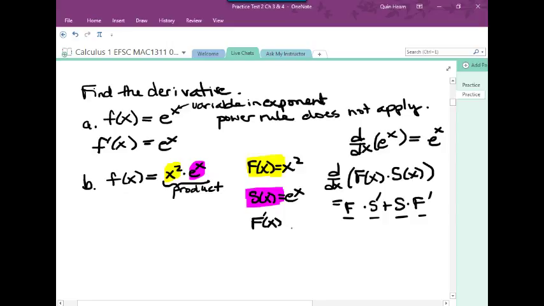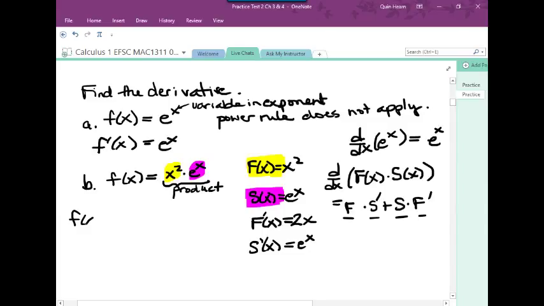So f prime of x would be, well, the derivative of x squared is 2, bring the power up front, 2x to the, subtract 1 from the exponent, you get 1, but you don't have to write it. And s prime of x, the derivative of e to the x, is just e to the x.